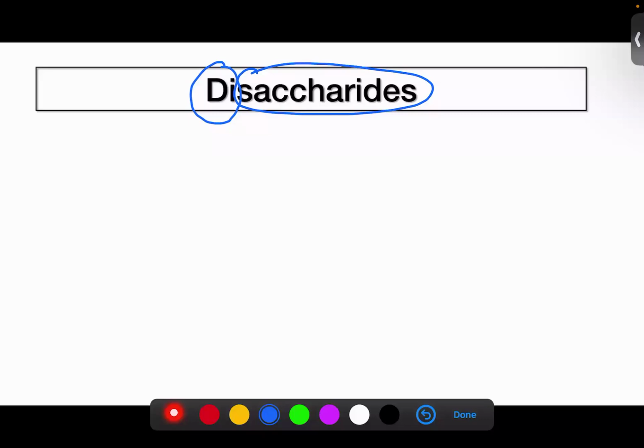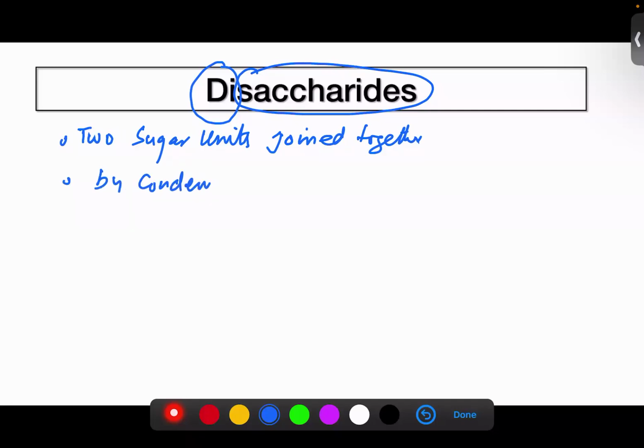So disaccharides have 2 sugar units joined together by condensation. And the bonding between them is known as glycosidic linkage. We will look at how the glycosidic linkages are formed and how condensation takes place.